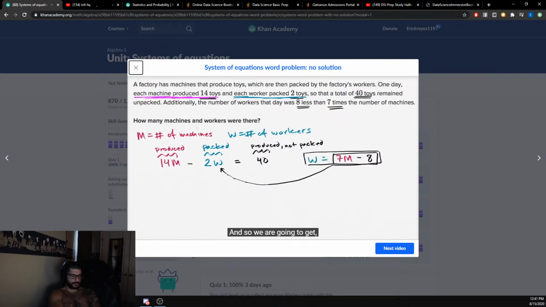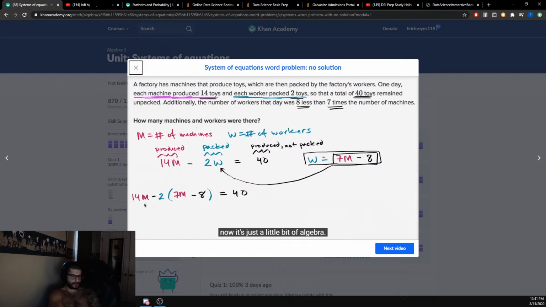And so we're going to get 14m minus 2 times, and instead of a w, I can write the 7m minus 8. So 7m minus 8, and that is equal to 40.